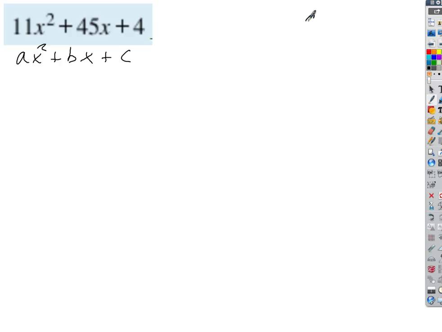And so they have to multiply to the product of A and C. Well, what's A times C? 44. 11 times 4. So they have to multiply to 44 and add to what? 45. Well, that's pretty easy. What are those numbers that multiply to 44 and add to 45? 44 and 1, right? So my numbers, positive 44 and positive 1.